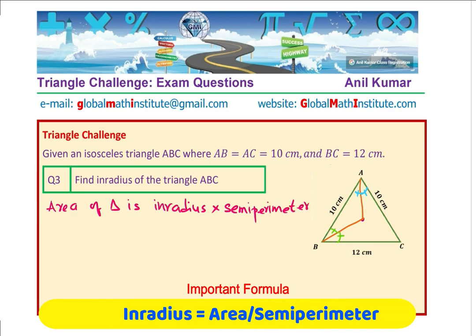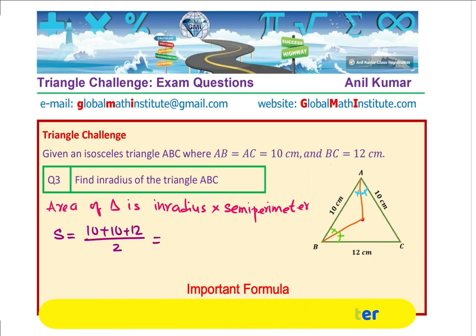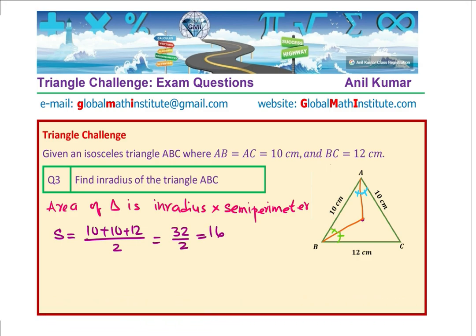Since we know all the sides, we know what semi-perimeter is, right? Semi-perimeter in this case is 10 plus 10 plus 12 divided by 2, which is 32 by 2 or 16. We already found the area of triangle in part 1, half base into height, which was 48.